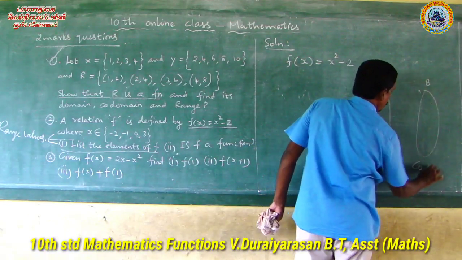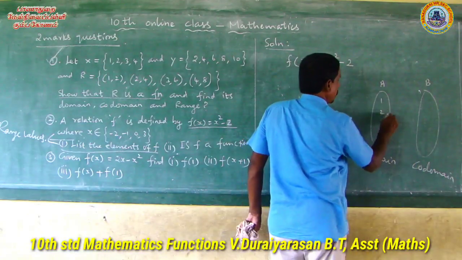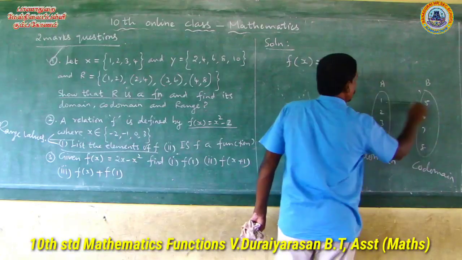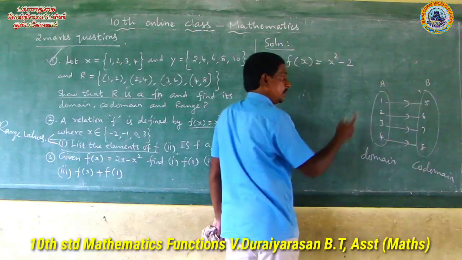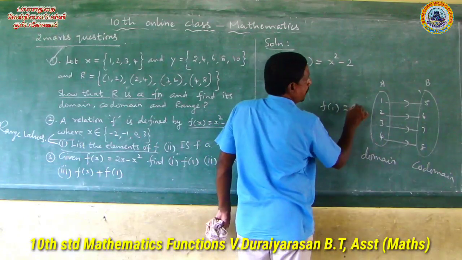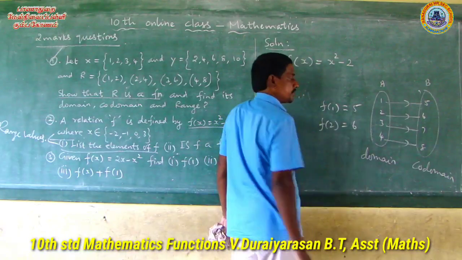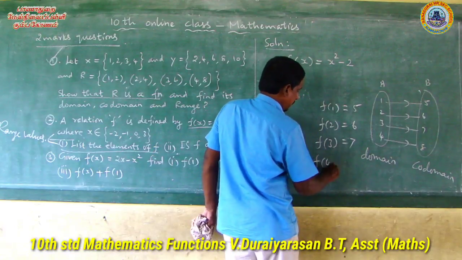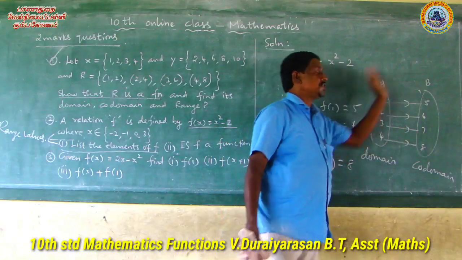B, codomain. 1, 2, 3, 4, 5, 6, 7, 8. 1 to 5, 2 to 6, 3 to 7, 4 to 8. f of 1 equal to 5, f of 2 is equal to 6, f of 3 is equal to 7, f of 4 is equal to 8. This is an arrow diagram.